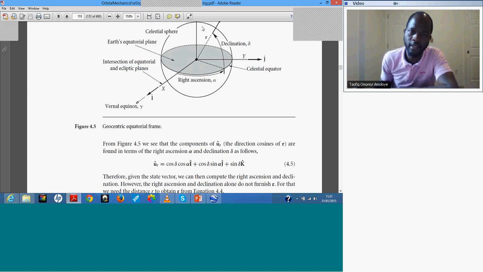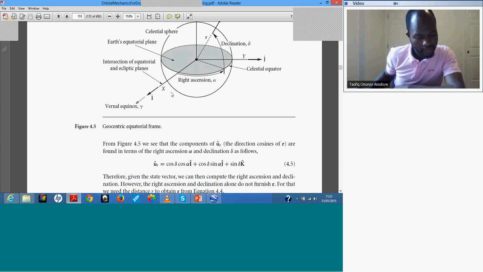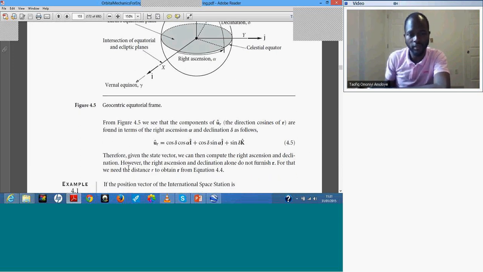That means when you do arc sine N, it's going to give you a definite value of delta, and you are going to be able to define the actual declination angle. If you find arc sine N and it gives you positive, you just know you are in the northern celestial hemisphere. If it gives you a negative value, you know that you are in the southern celestial hemisphere. I would just advise you to go and read the rest of this portion in the later version, because I'm really running out of time.